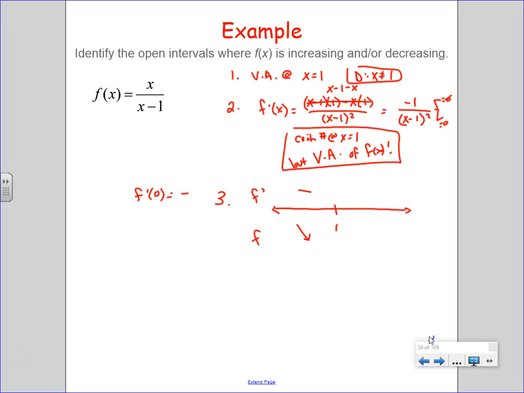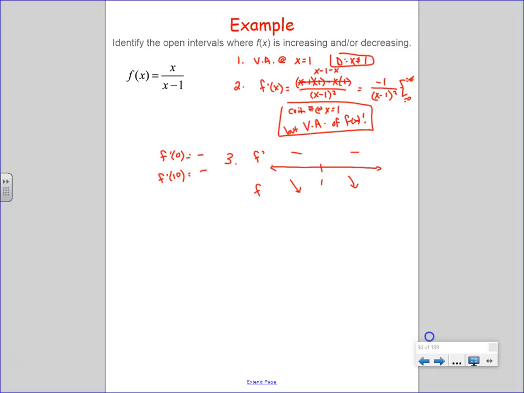Decreasing. See it? And then I pick any number over here. I'll pick 10 just for sake of illustration. If I plug in 10, 10 minus 1 squared, 81. Negative 1 over 81, it's a negative? Yeah. So what's going on with this function, cool kids? Strictly decreasing.